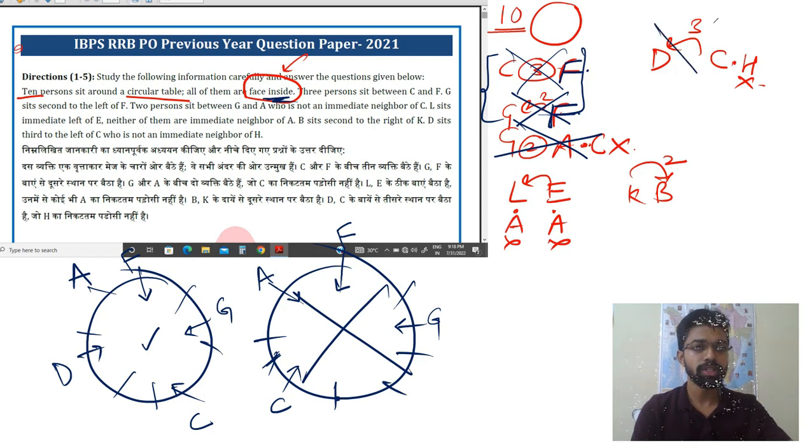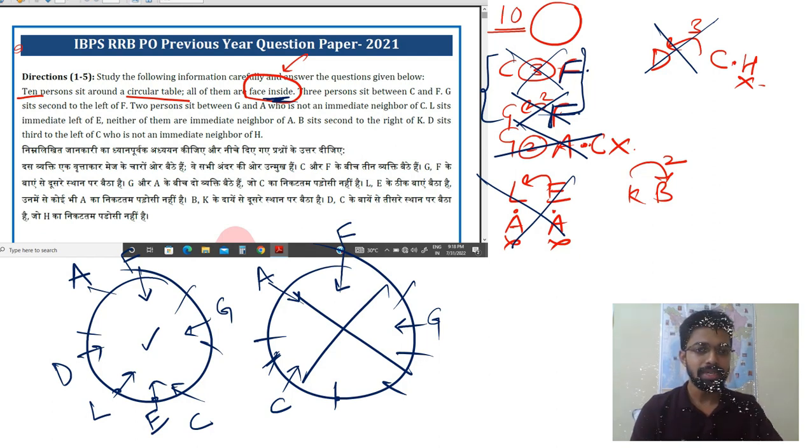We have used this notation, and H can't sit with C. Now we have to see L is to the immediate left of E. 2 vacant positions together are here only, means L is to the immediate left of E. So we have used this also, and L and E are not sitting with A. So A is far away from L and E, means we are going in the correct way.